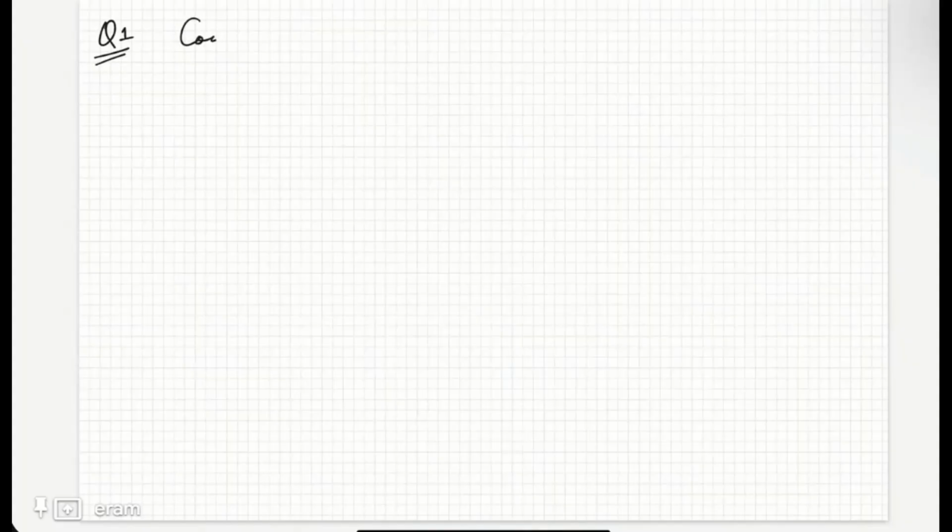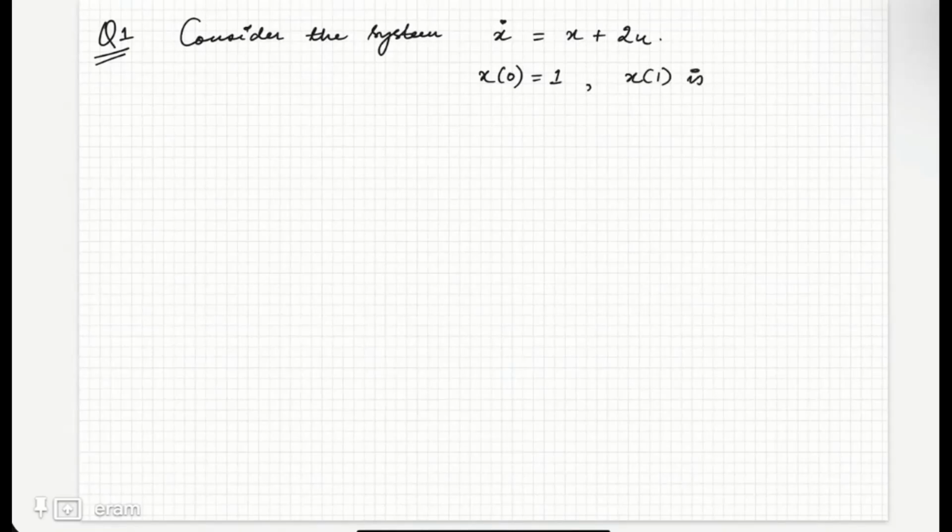So consider the system, which is x dot, a scalar system, x dot equals x plus 2u. The initial state at t equals 0 is given to be 1. The final state value is free.